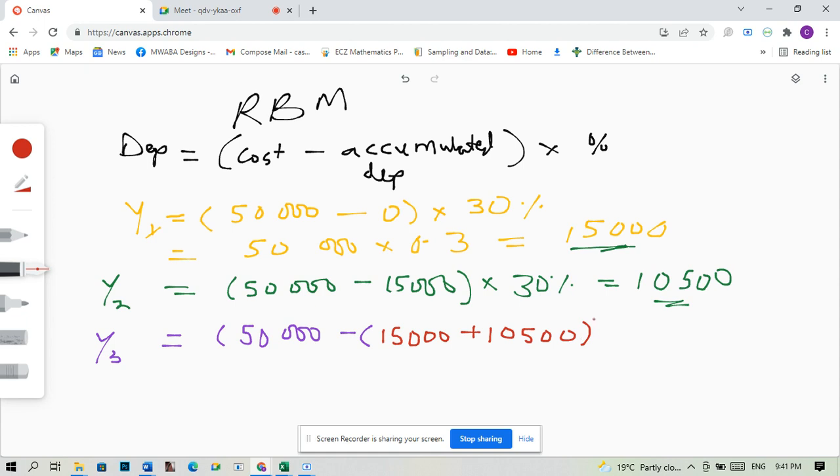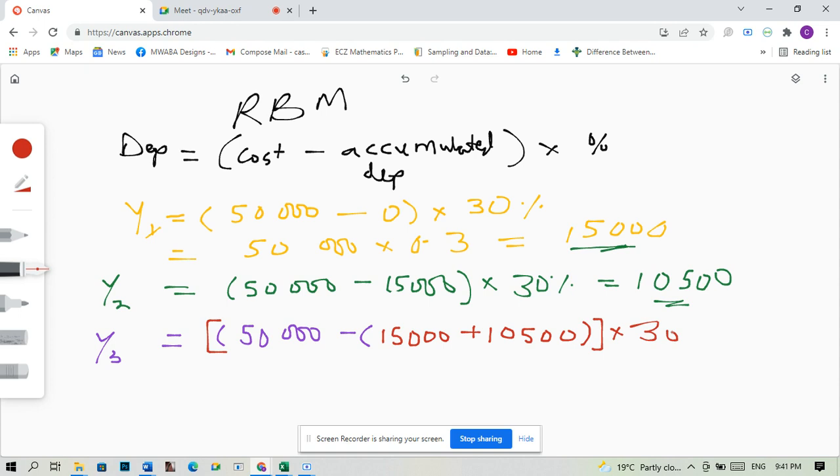All of these are in brackets, times 30%. So 15,000 plus 10,500 equals 25,500.